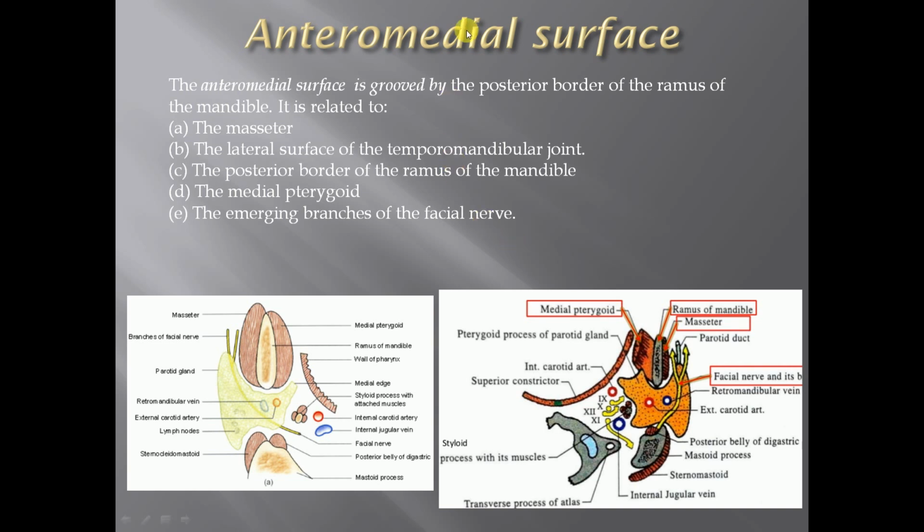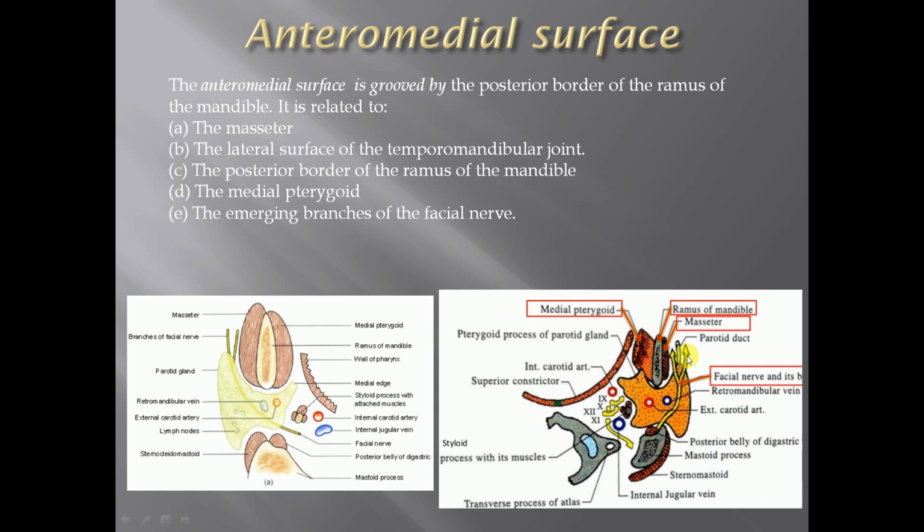Coming on to the anteromedial surface. The anteromedial surface is grooved by the posterior border of the ramus of the mandible. It has a masseter surface. This is related to the masseter, the lateral surface of the temporomandibular joint, the posterior border of the ramus of the mandible, the medial pterygoid, and the emerging branches of the facial nerve.